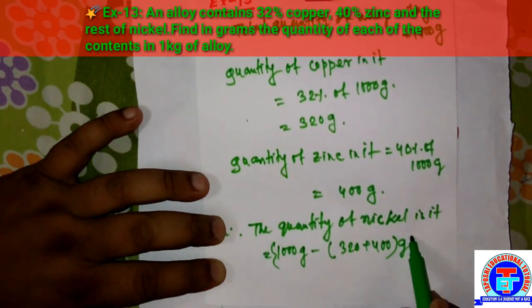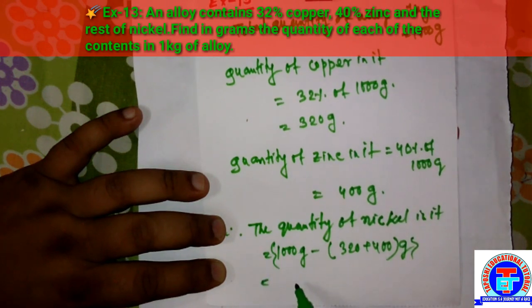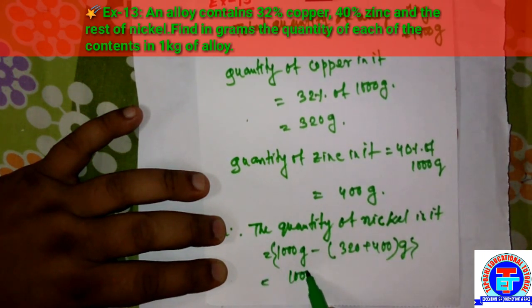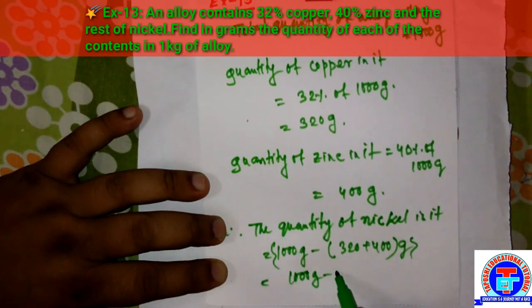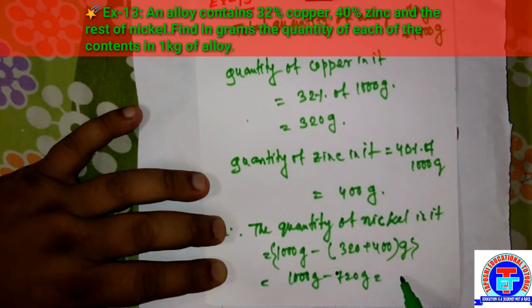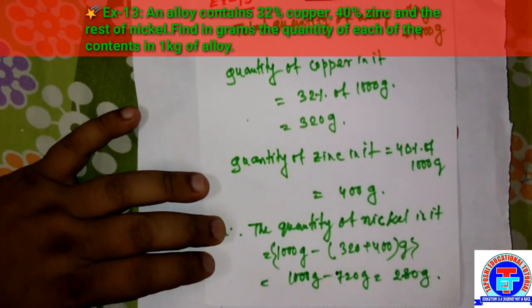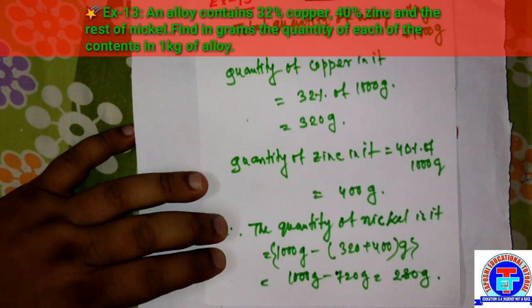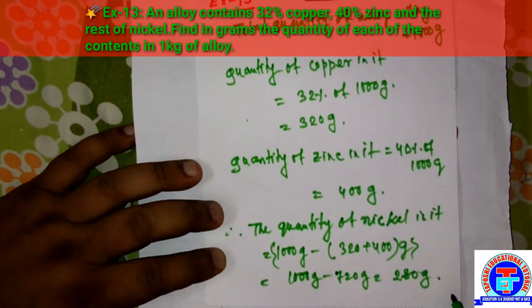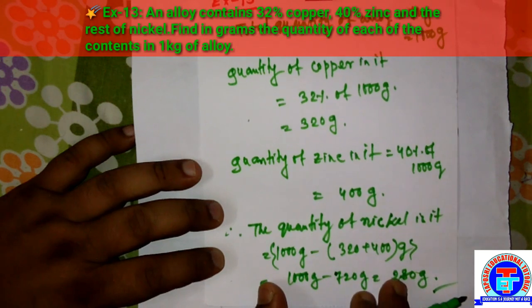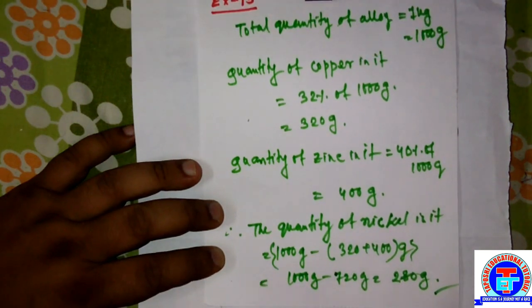This one will become 1000 gram minus 720 gram. That means it will become 280 gram. Okay, hence the quantity of nickel is 280 gram. This is the solution regarding this problem. Hope you clearly understand.